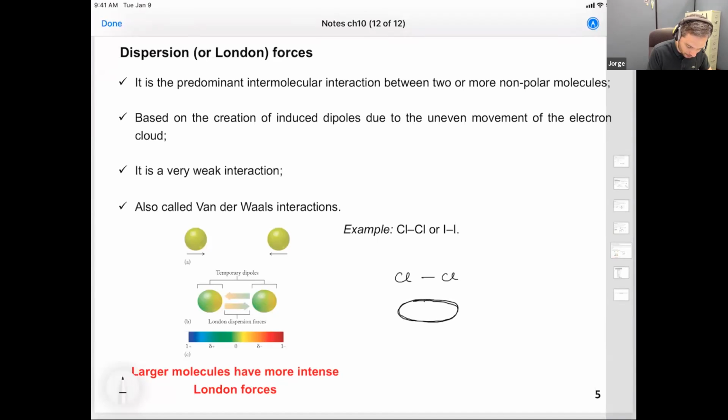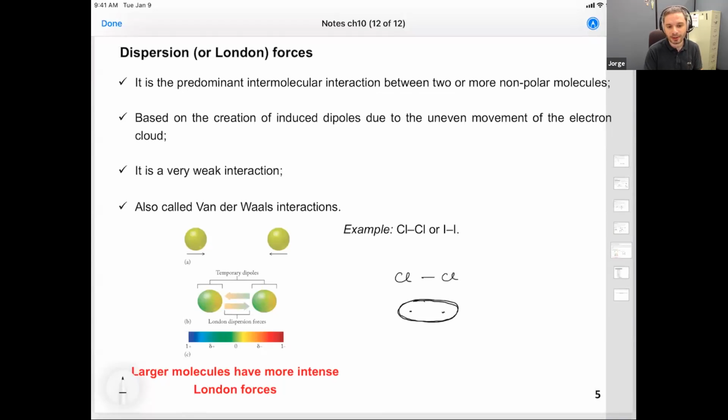So we have here the two nuclei and the electrons being equally shared, okay? So if they are equally shared, there is no deficiency or increase in the electron density.